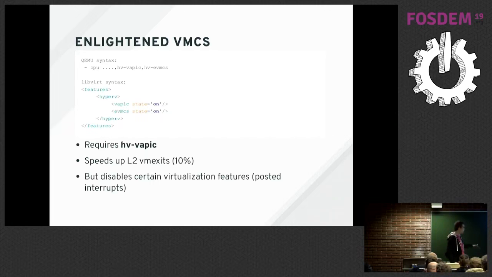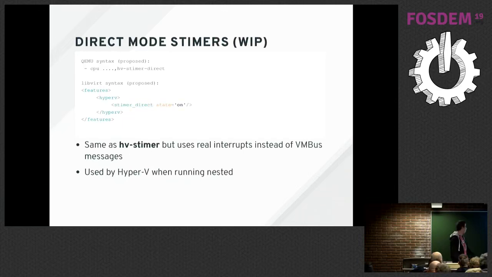There is a PV protocol for that which speeds things up. We have more features in the works, and this one is already on the mailing list, and that's why I put it on the slides.